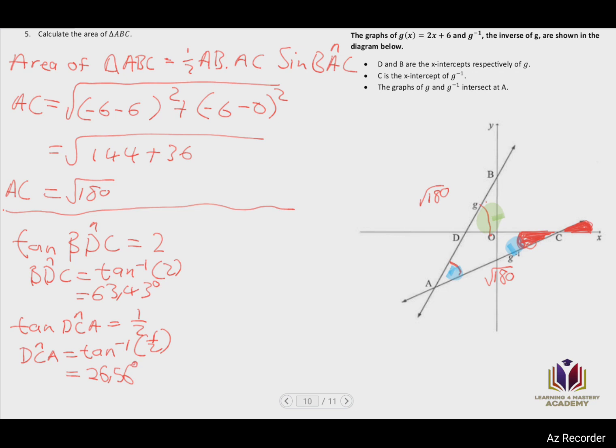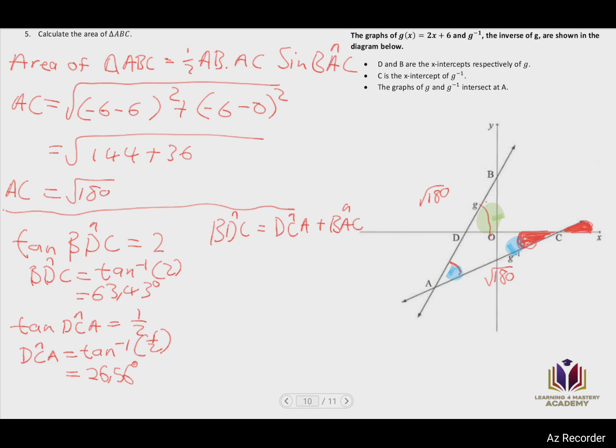There we go. Right now I have the two angles, angle D and angle C. Then I can say, okay, angle BDC is equal to angle DCA plus angle BAC.